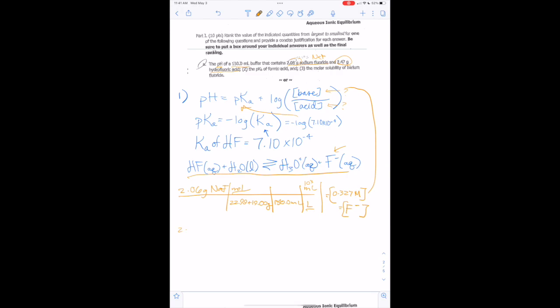And then 2.47 grams of hydrofluoric acid. I'm going to multiply that by the molar mass. And then 150 milliliters, 10 to the 3rd milliliters over liters. Okay, so I get 0.823 molar is our concentration of HF.